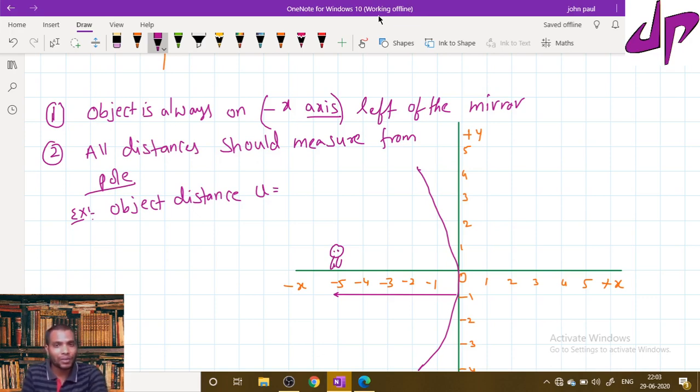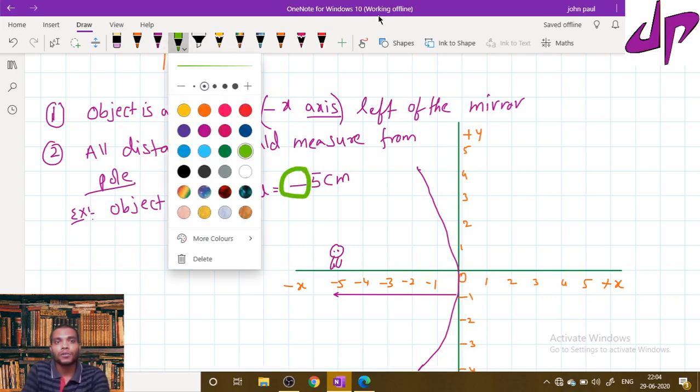If we take 1 inch square as 1 centimeter, the distance of the object from the pole to here is 5 centimeters. The object distance we represent with a small u. In this case we are measuring the object distance from the pole, and since it is on the negative x-axis, the object is placed at minus 5 centimeters. This minus sign is very important; it is there only because of the Cartesian sign convention.